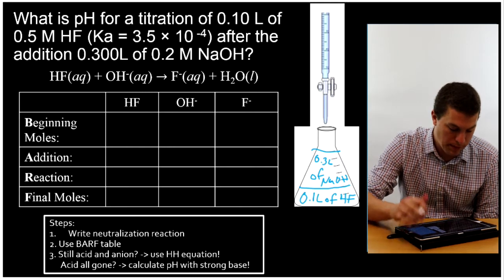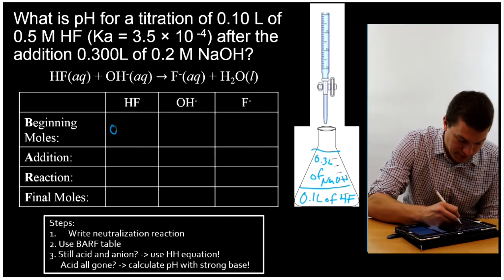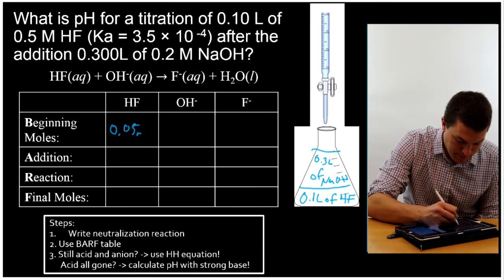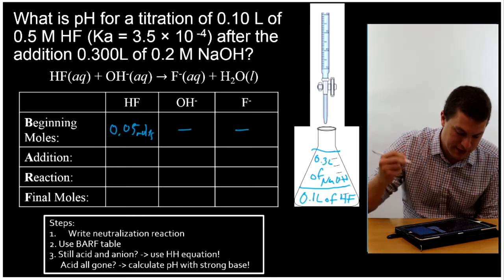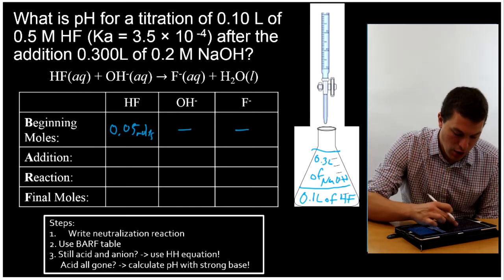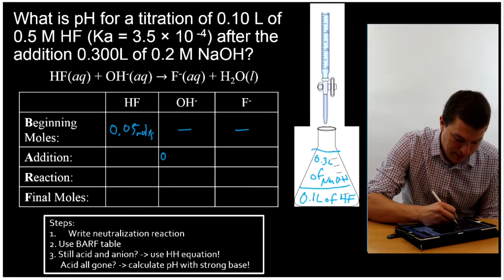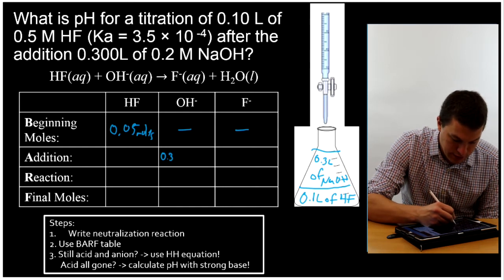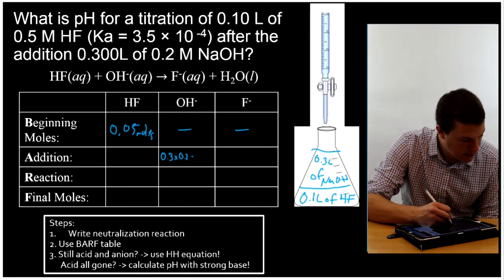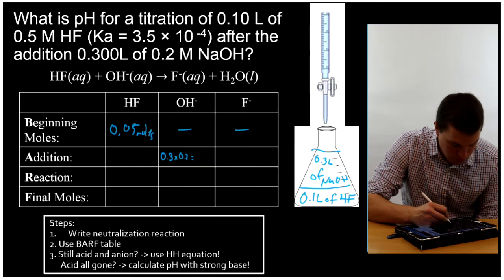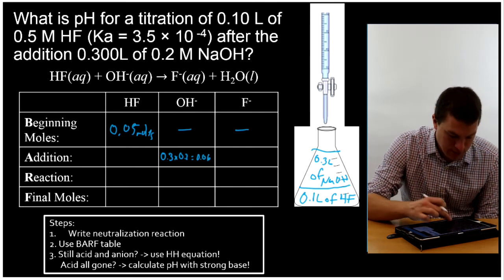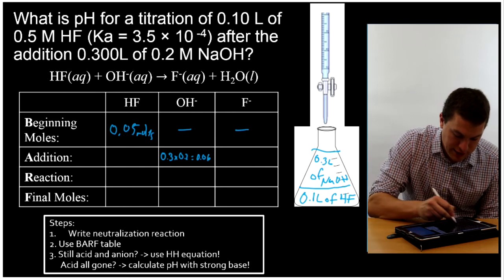So what does that look like? Well, my beginning moles of HF are still exactly the same. And my beginning moles of F minus are 0. For my OH, I need to calculate the moles by doing liters times molarity. And that's going to give me 0.06. Now, I didn't add any HF or F minus.